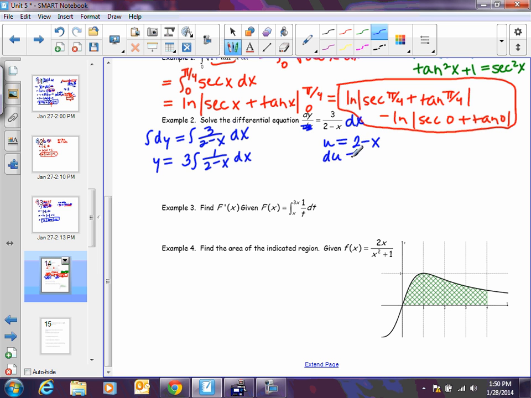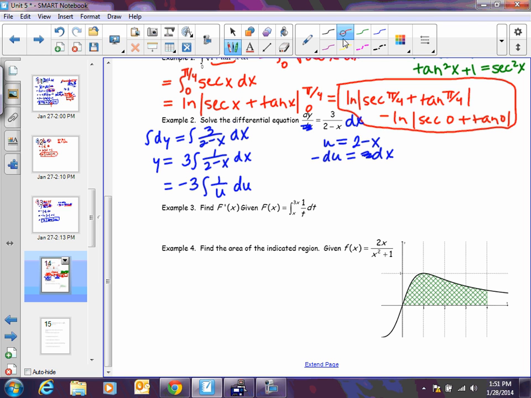Then what would du equal? Negative dx, and I would move that negative over to the du. So a negative is going to go out in front, so that's really going to be negative 3. When I do the u substitution, 1 over 2 minus x becomes 1 over u, and the dx becomes du. Technically negative du, but we took care of that when I put the negative in front.